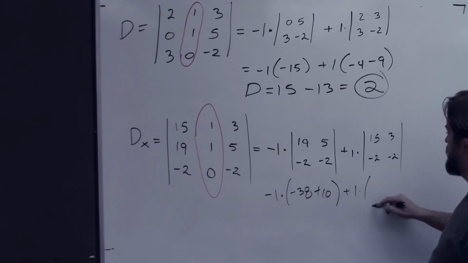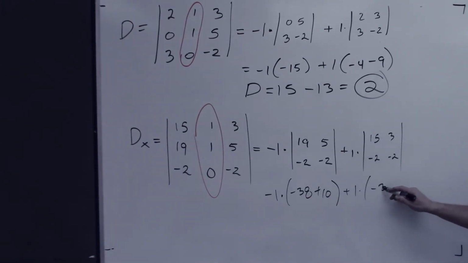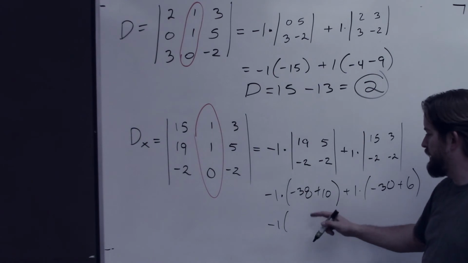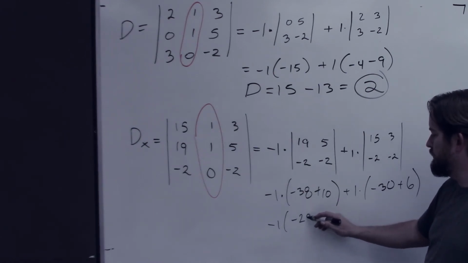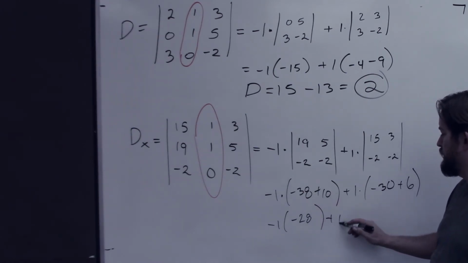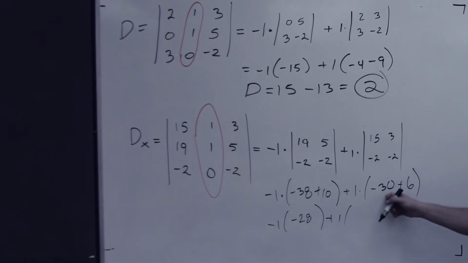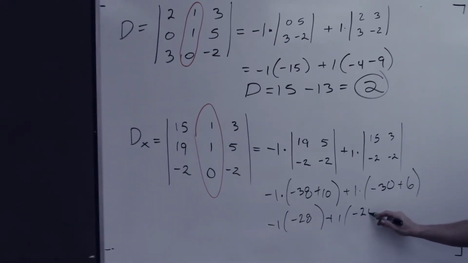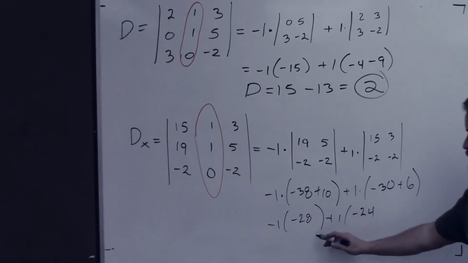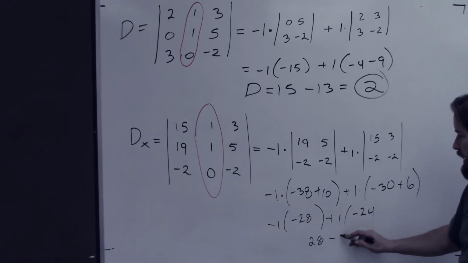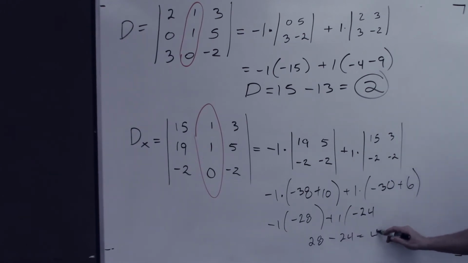Plus 1 multiplied by -30 plus 6. So I have -1 multiplied by -28 plus 1 multiplied by -24, or 28 minus 24, which is 4.